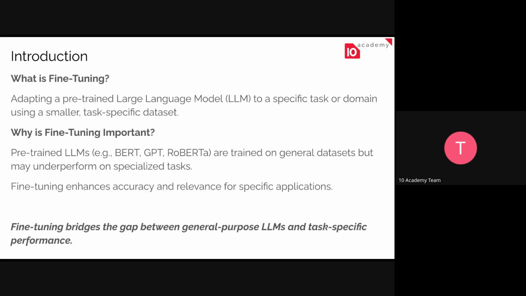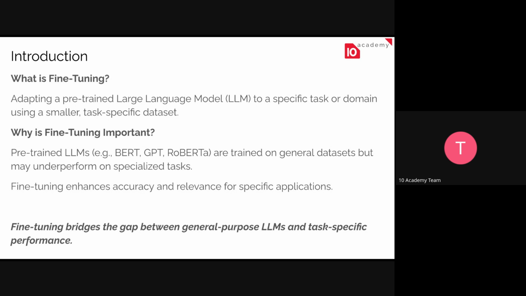In short, it's just adapting an already pre-trained large language model so that it works for us. We can train it for a specific task or domain knowledge by using smaller, task-specific data sets.